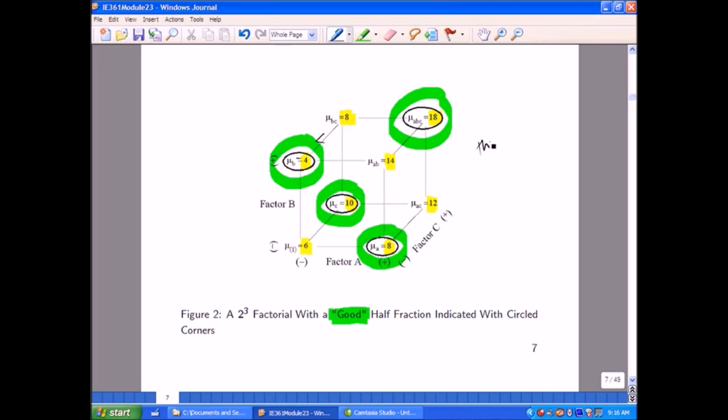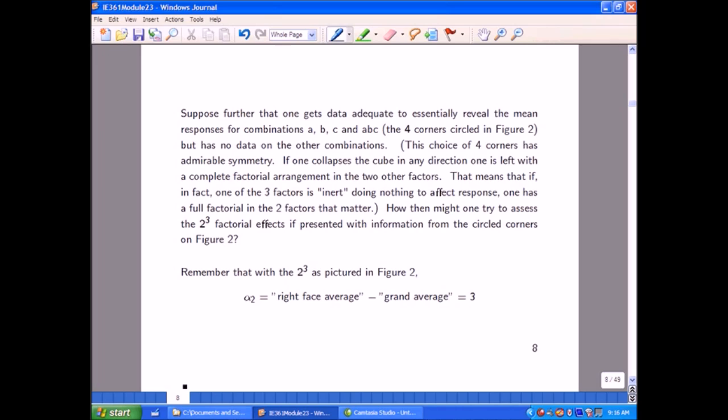So this choice of 4 of 8 corners is nicely symmetric. And it has some other good properties that we'll talk about as we go along.